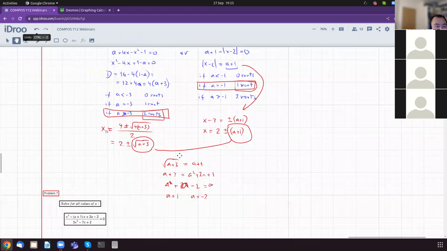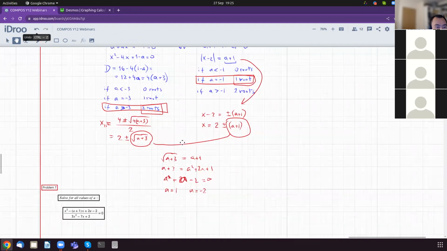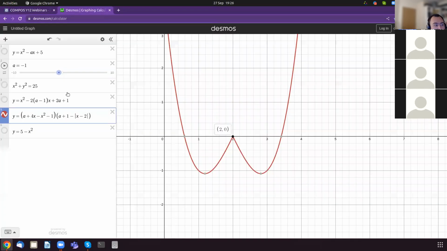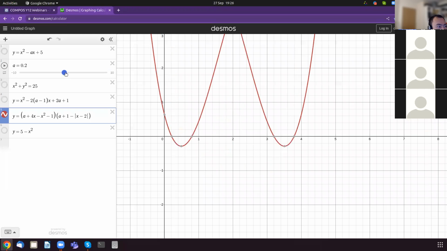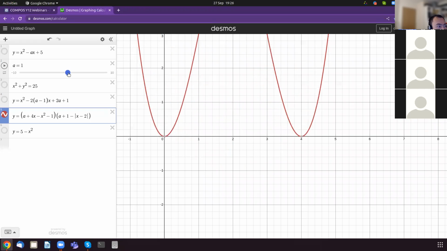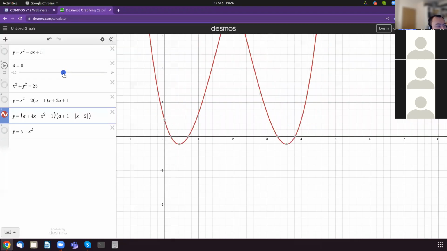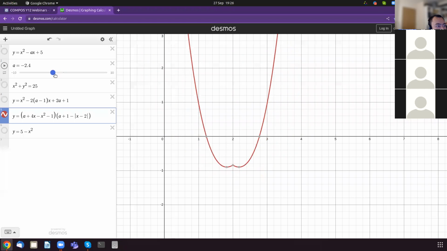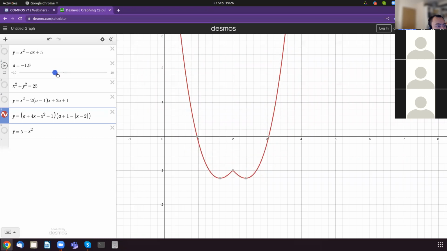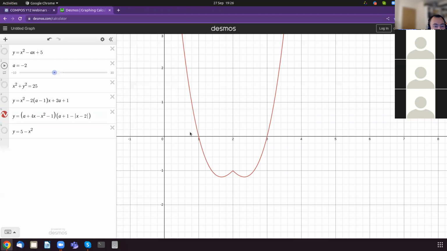So when a is 1, they both match up. So it's still 2. And when a is minus 2, they both match up again.